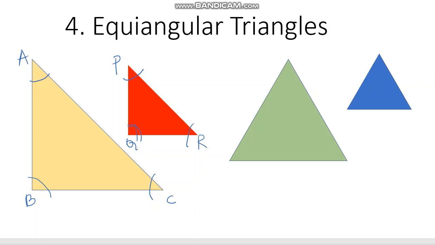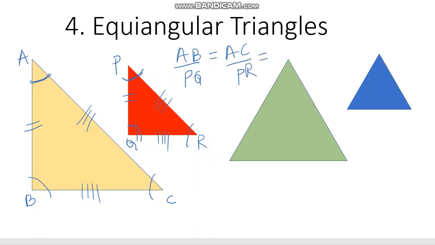Now these angles must be equal, first thing, and second thing, the ratio of AB by PQ must be equal to the ratio of AC by PR, and this must be equal to the ratio of BC by QR.